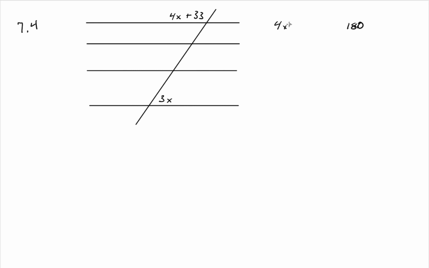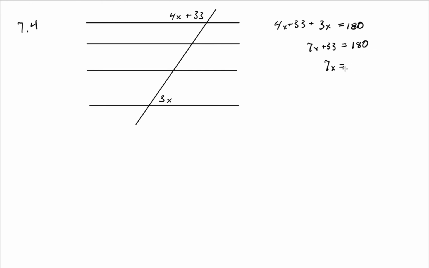So 4x plus 33 plus 3x is going to equal 180. So all we have to do is combine: 7x plus 33 equals 180. Then we'll change our signs when we change the sides. So 7x is going to be 180 minus 33.